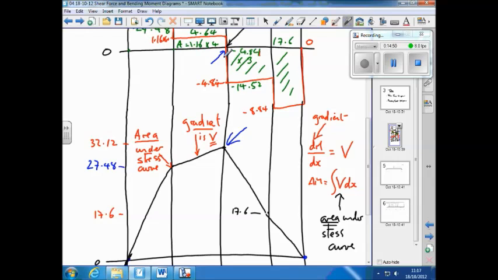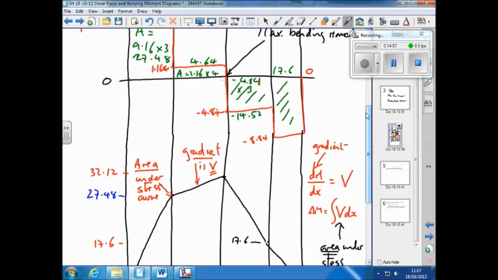Now, if you think about it, that makes sense, because as we were going left to right, the areas under the curve here, this point and this point, were increasing the moment. And these areas, because they're underneath, i.e. negative shear, are decreasing the moment.